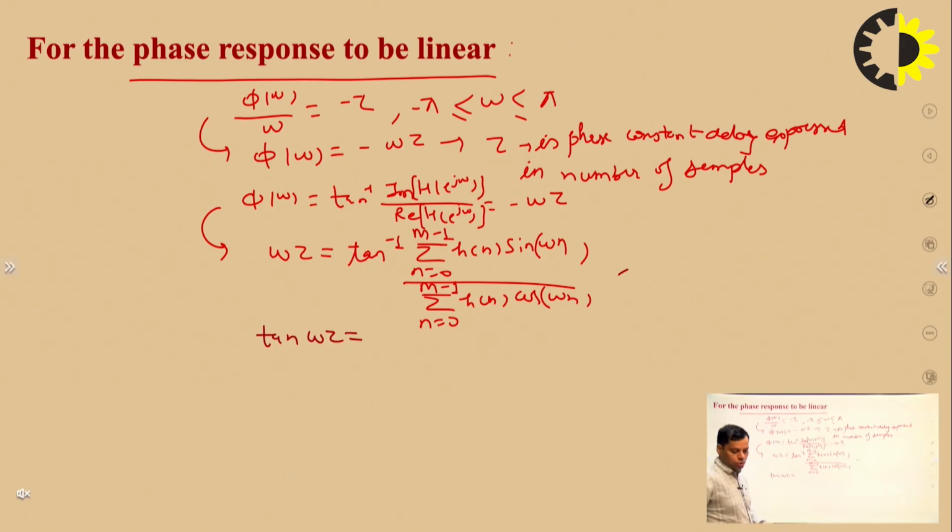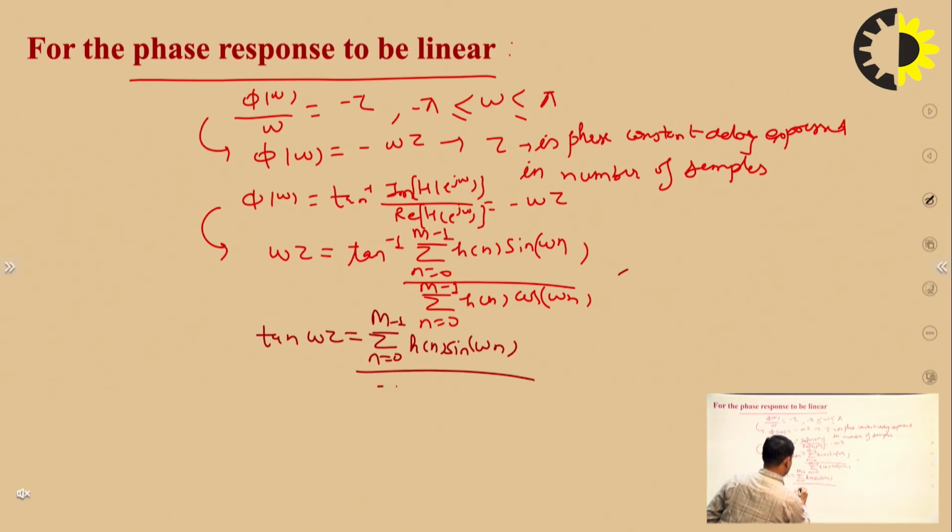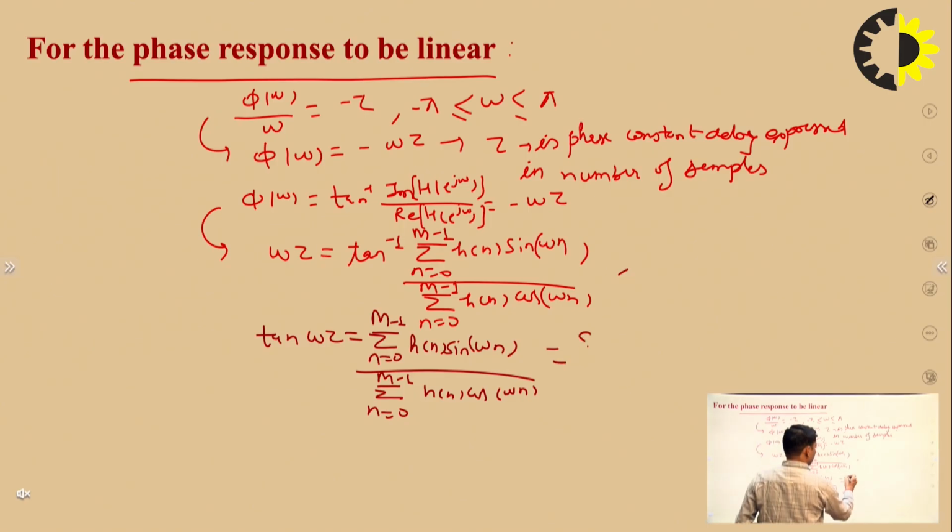Tan of omega tau is equal to the summation of n equals 0 to M minus 1 of h[n] sin omega n over the summation of h[n] cos omega n, or tan omega tau we can also write as sin of omega tau upon cos of omega tau.